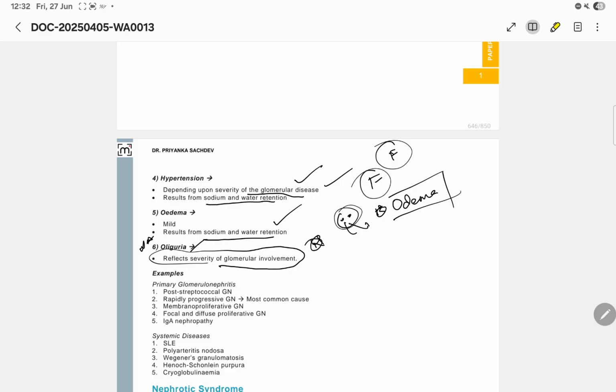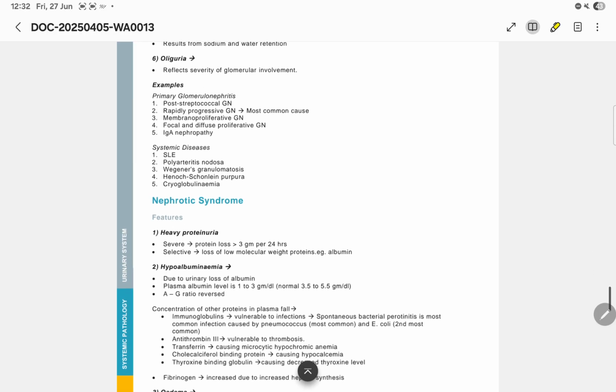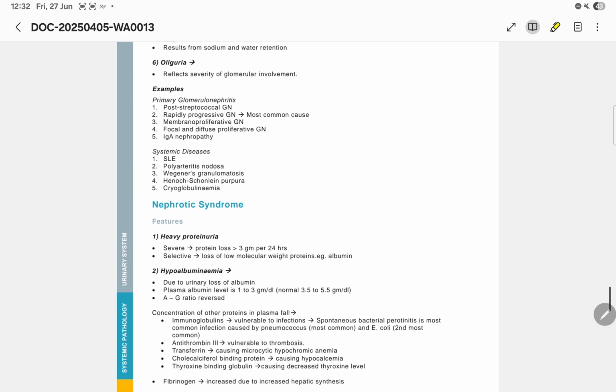Let us see where nephritis or nephritic syndrome is seen. Nephritic syndrome is seen in the primary glomerulonephritis, such as post-streptococcal glomerulonephritis or rapidly progressive glomerulonephritis. Nephritic is basically associated with the glomerulus, so we can write whatever disease is associated with the glomerulus, the maximum of the diseases.